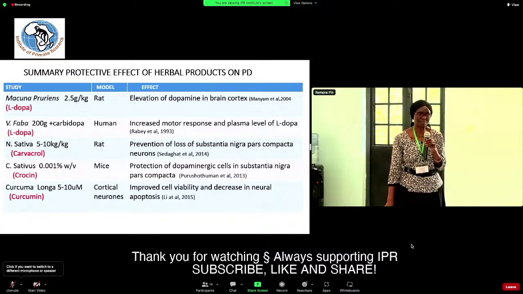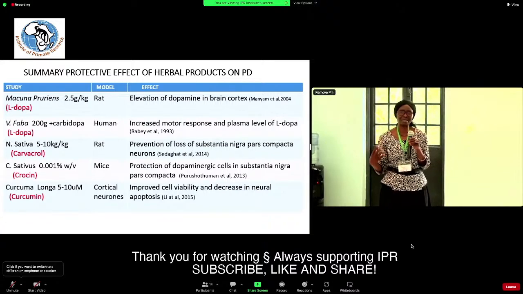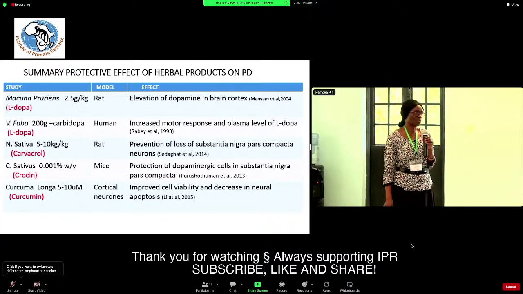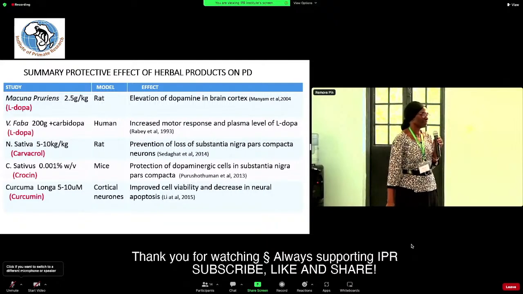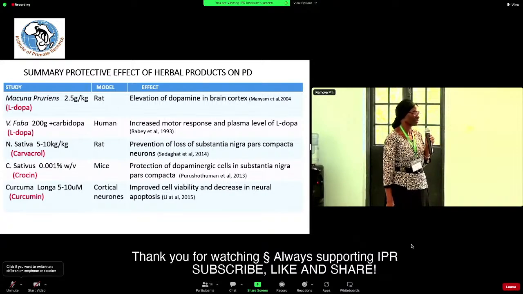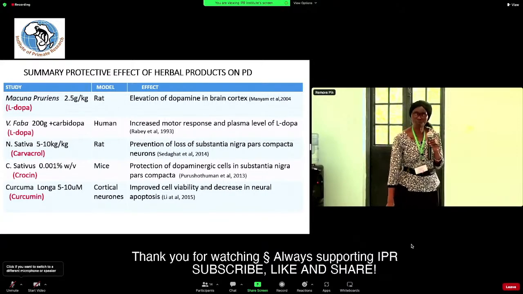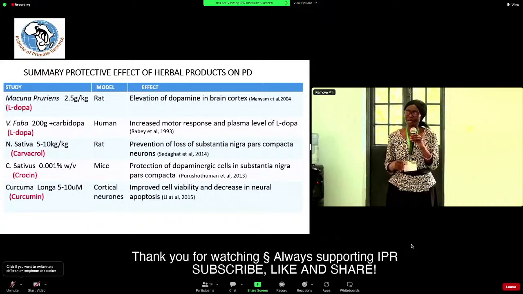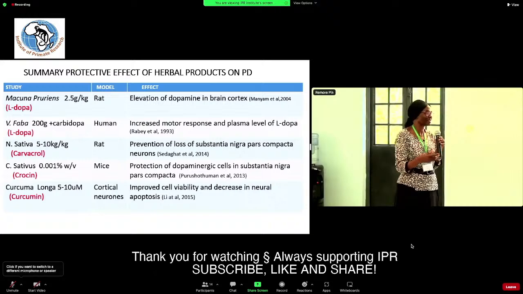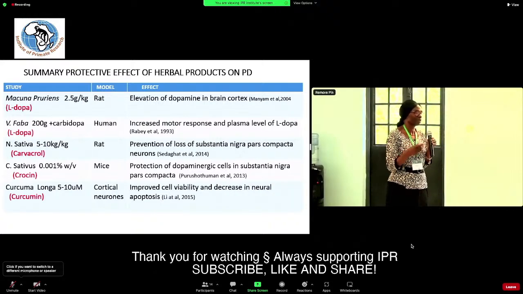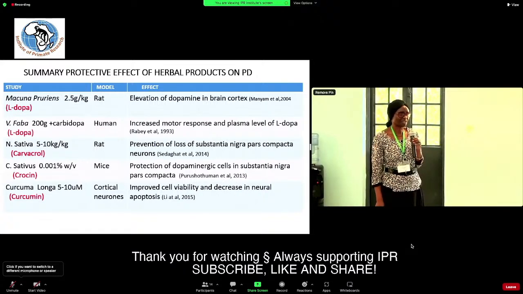This is just some examples, but there's plenty of published work to show the role of these herbs in the management of Parkinson's disease. So these are just a list of herbal products that I had put together. These are very common, and actually these can be incorporated in diet because we can use them in our own houses, in our own cooking, to intervene with our patients. Next.